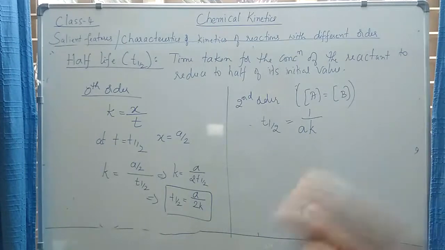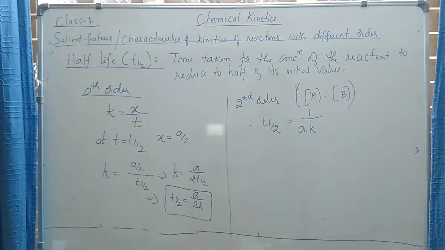So by understanding the relation between half-life and initial concentration, it is possible to find out the order of the reaction, because for different orders the relation is different and it is unique for a particular reaction.